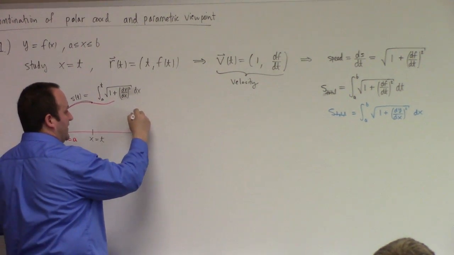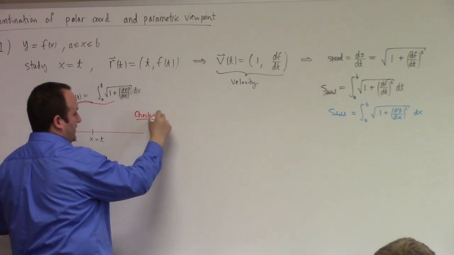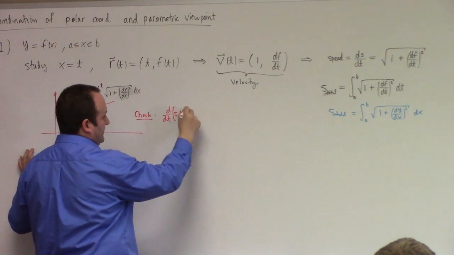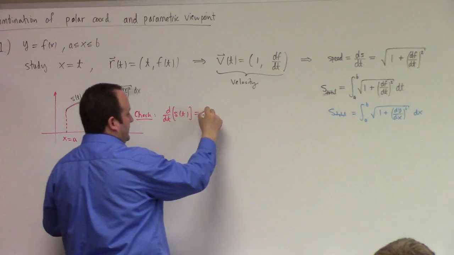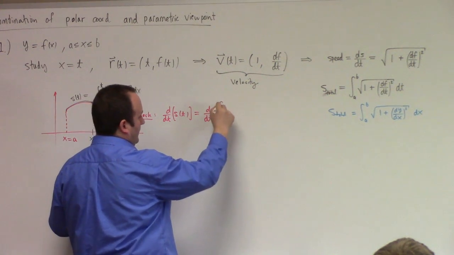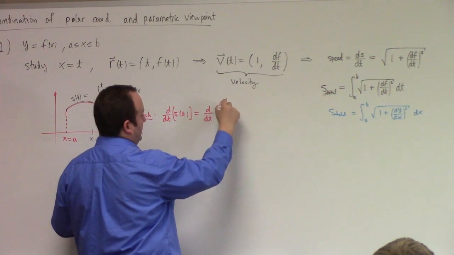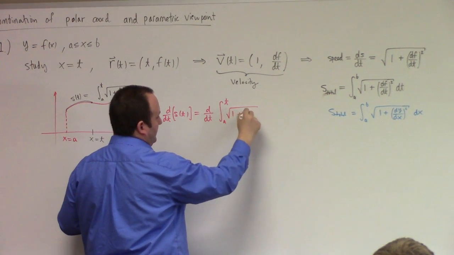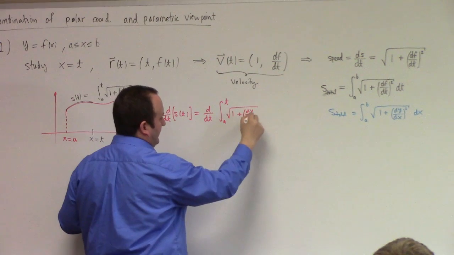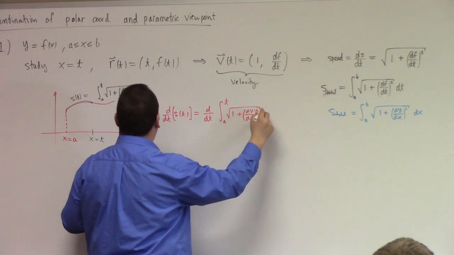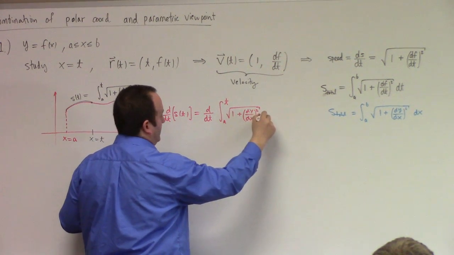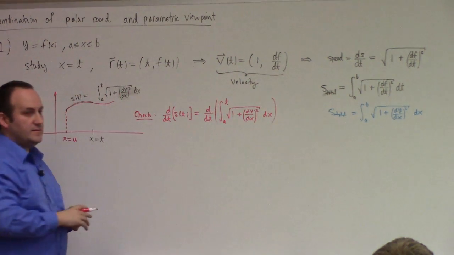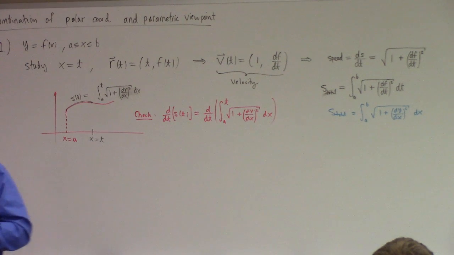You can check: is it true that d dt of s of t is really equal to the speed? In this specific example, I'm doing this check for a specific example, but the derivation I'm doing right now, guys, is more general. You can define arc length as a function of time more generally than this. I'm just exhibiting this idea for this example.